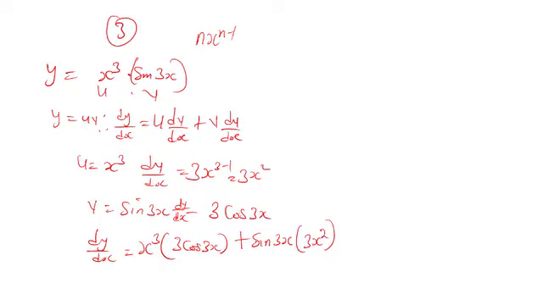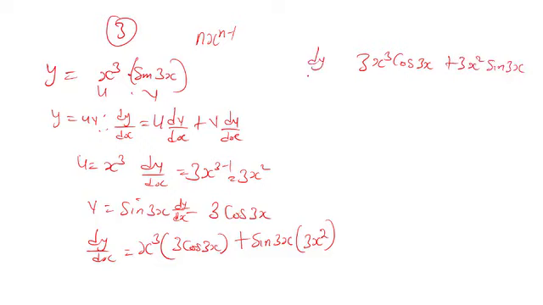Now if you do a proper collection of terms, you now know that with this we have 3x cubed cos 3x plus 3x squared sine 3x.